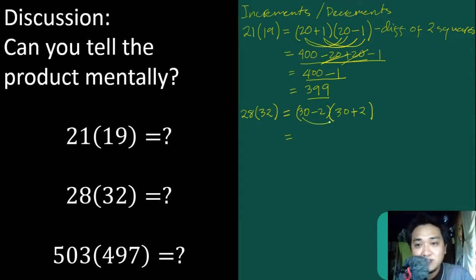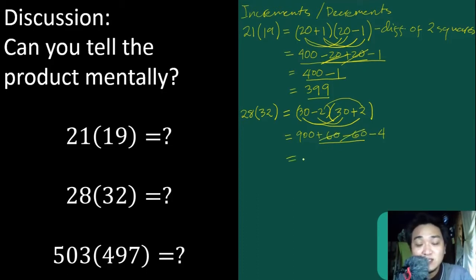Mapapansin nyo, 30 times 30 is 900, and 30 times positive 2 is positive 60. Negative 2 times 30 is negative 60. And ito, negative 2 times positive 2 is negative 4. Again, mapapansin nyo na yung gitna, lagi-lagi siyang natutunaw. Para siyang nakakancel agad. Nagiging 0 yung gitna.